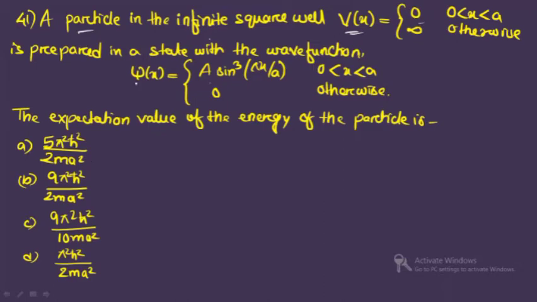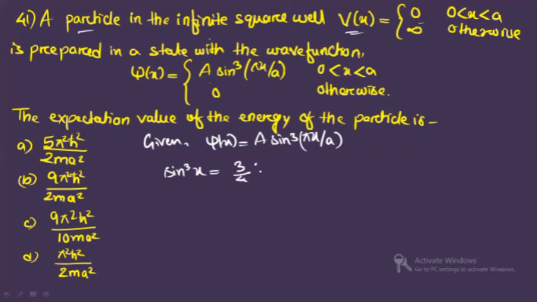So for this, first what is given to us? Psi x is equals to A sine cube pi x by a, right? And we know the trigonometric formula, na? Sine cube x is equals to 3 by 4 sine x minus 1 by 4 sine 3x, right?